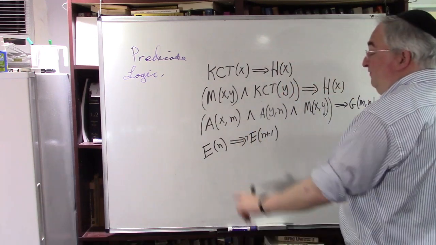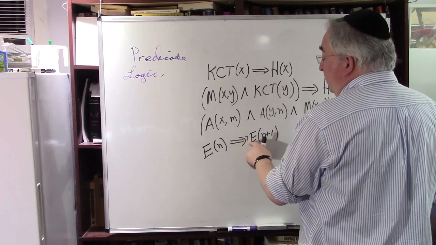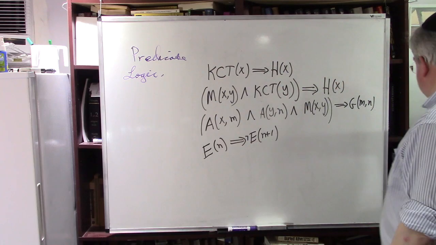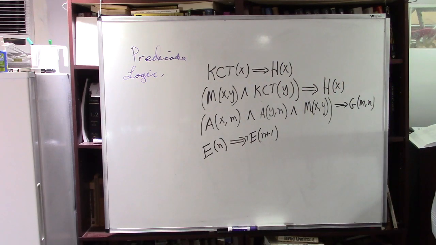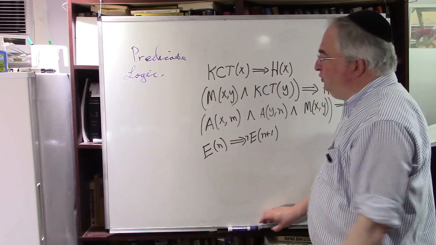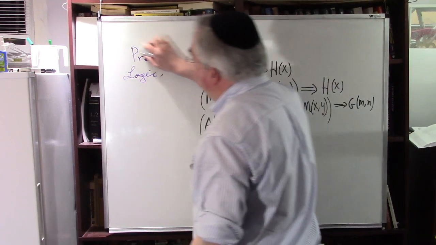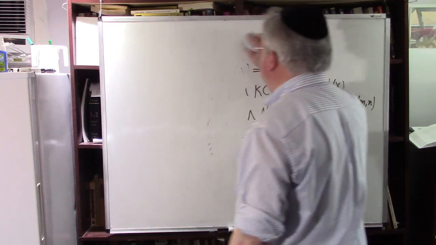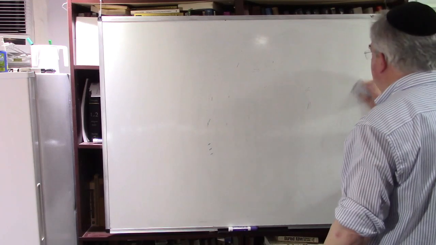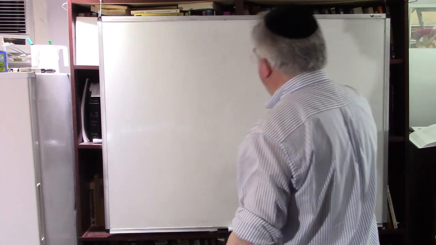If n is even, that means n plus 1 is not even. By the way, that's an if and only if statement. Okay, great. So these are cute examples of predicates about people and about numbers.